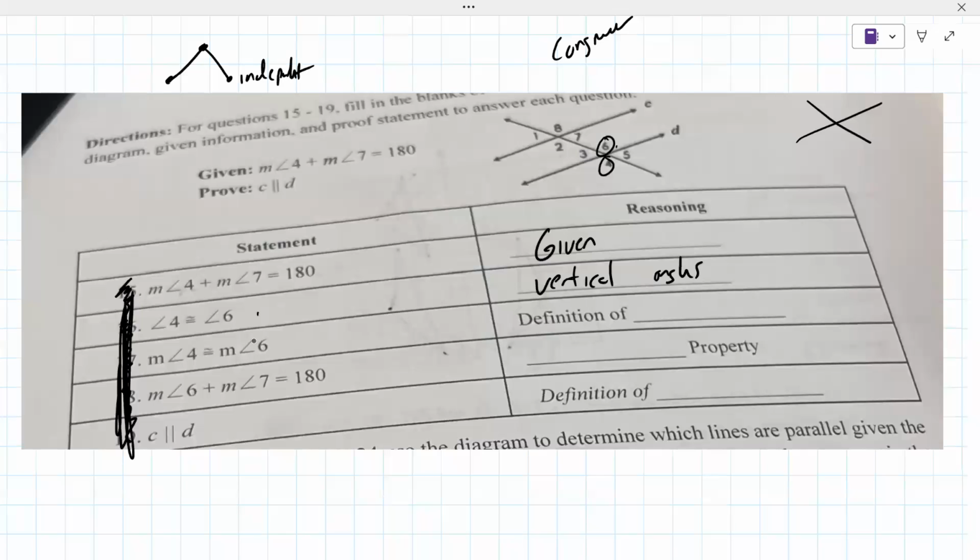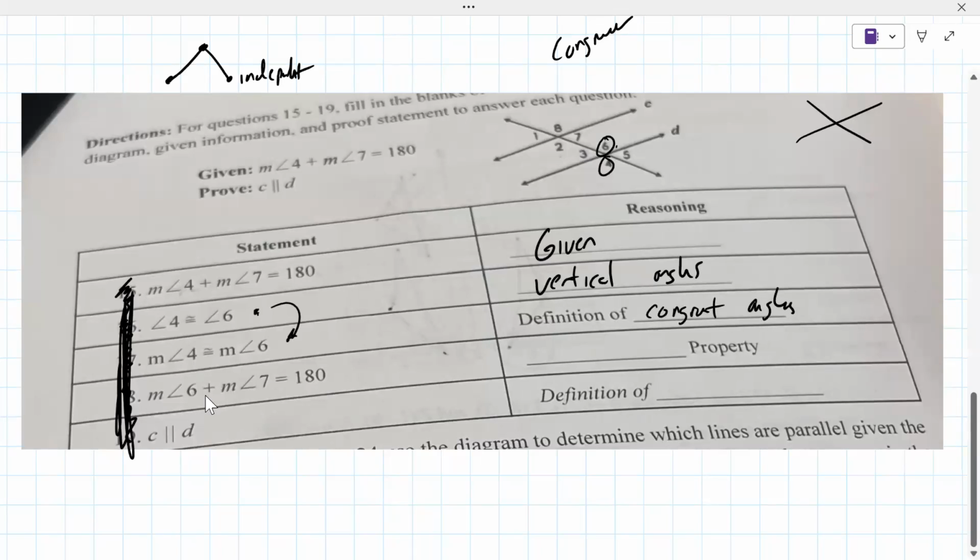Think about what this line is and this line is, like this one leads to this. Definition of congruent angles. Yes, there you go. That's good. Okay.